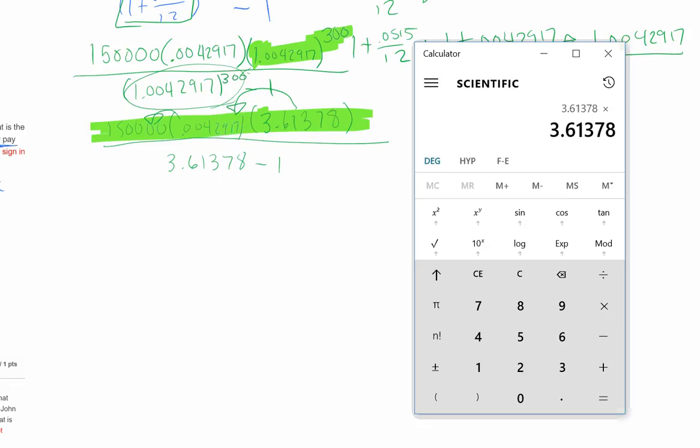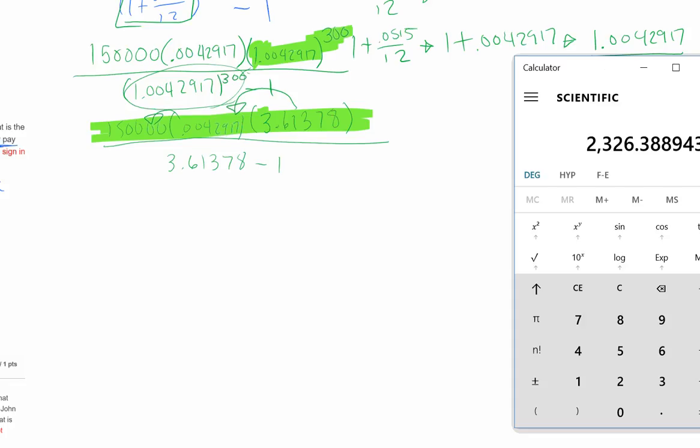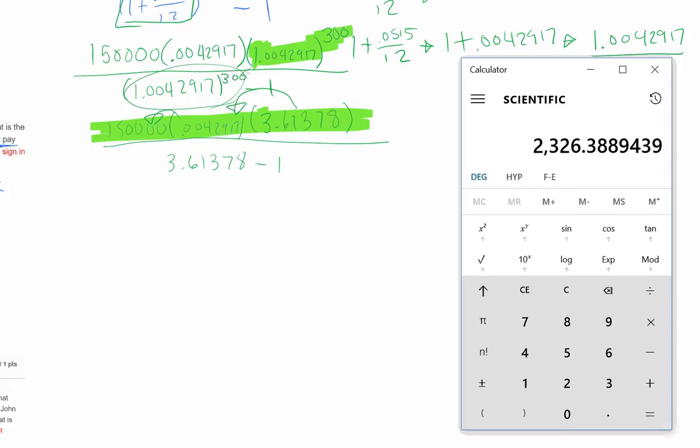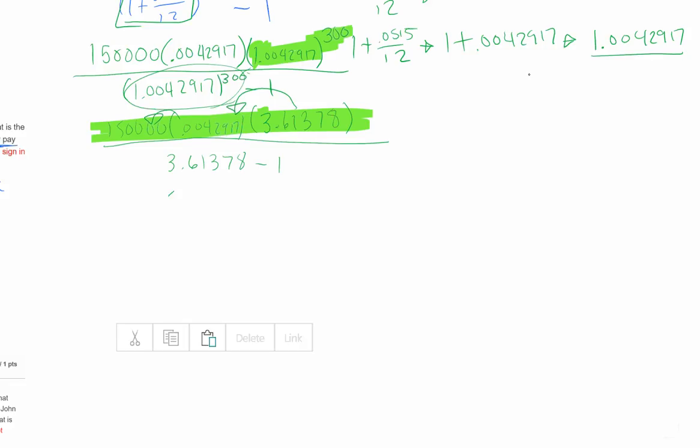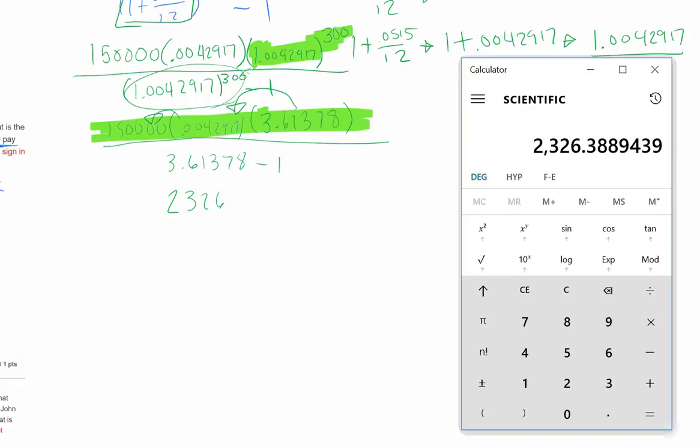So then we're going to take the 3.61378 times 0.0042917, get a number, and that equals that, times the $150,000. So up on top, I'm going to get $2,326.39.